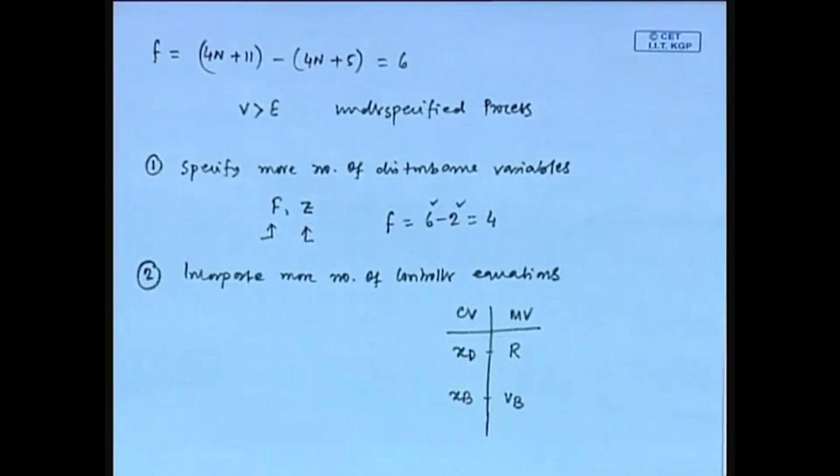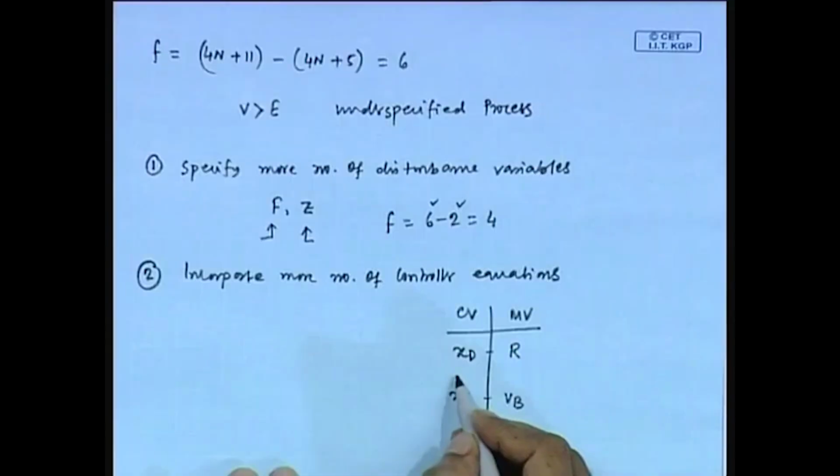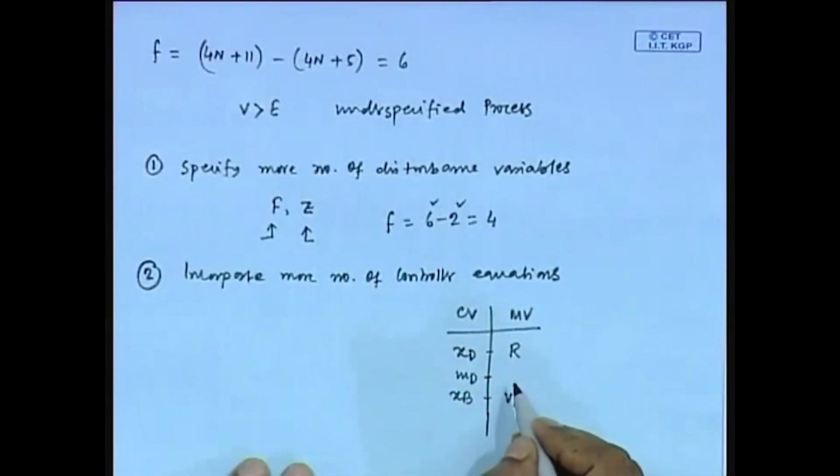one for bottom section. You see, the reflux drum hold up is represented by MD. Basically, in the reflux drum some liquid is accumulated, and that we represent by MD. So, we can control that liquid height, and that liquid height we can control by the adjustment of distillate flow rate.